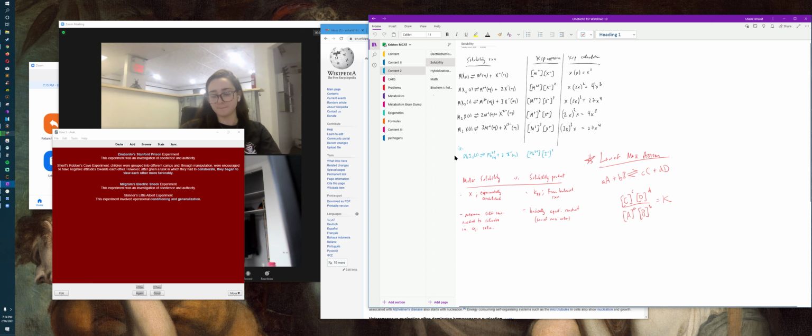In the example that I wrote in light blue with the lead iodide, do you see how the coefficient of the iodide ion is a 2? So it would be I squared. Exactly.